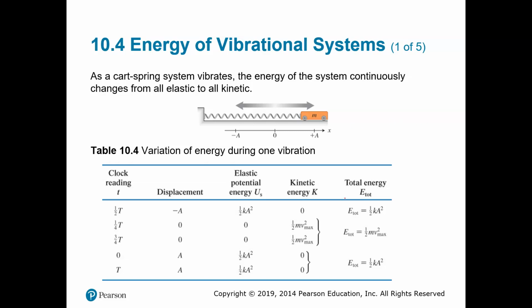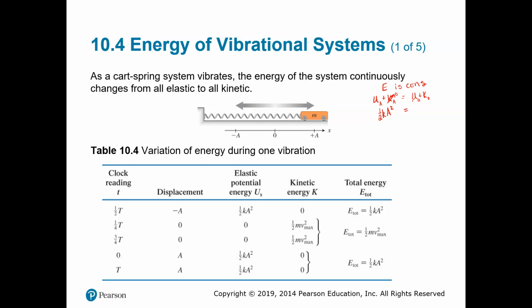So what's going to happen is if energy is conserved, that means that our potential plus kinetic at the maximum amplitude, I'm going to put A here, is going to equal our potential plus our kinetic at our equilibrium position. So at maximum amplitude, I'm going to have 1/2 k A squared. This goes to 0.